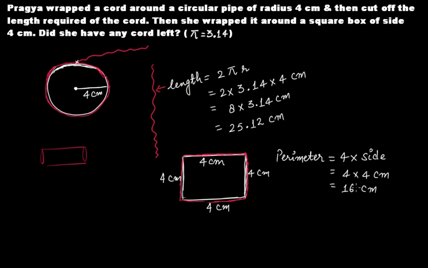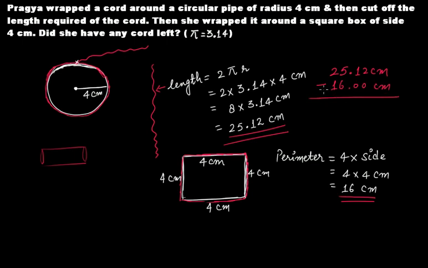16 centimeter. Now clearly the total length of this cord that was cut off is 25.12 centimeter, and you only require 16 centimeter if you have to wrap it around this square box. So what's the remaining length? Clearly 25.12 centimeter minus 16 centimeter.